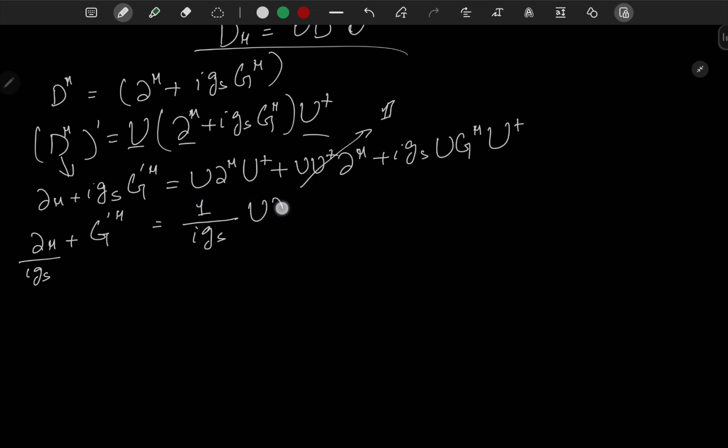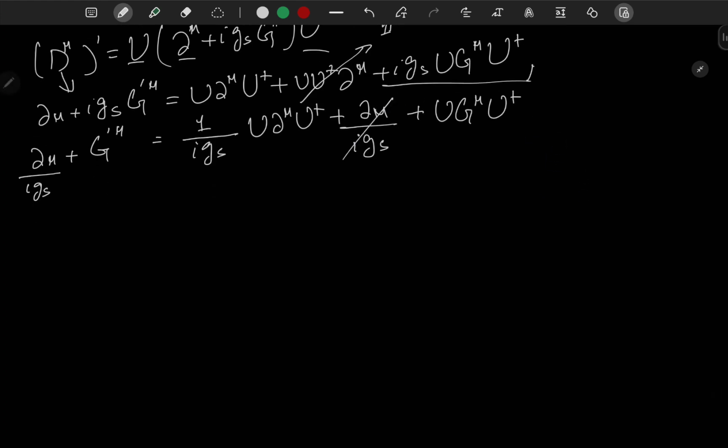Let's write it here, U or U dagger, plus d mu divided by iota g_s, plus, yeah, if we divide by this term, then mu U dagger.